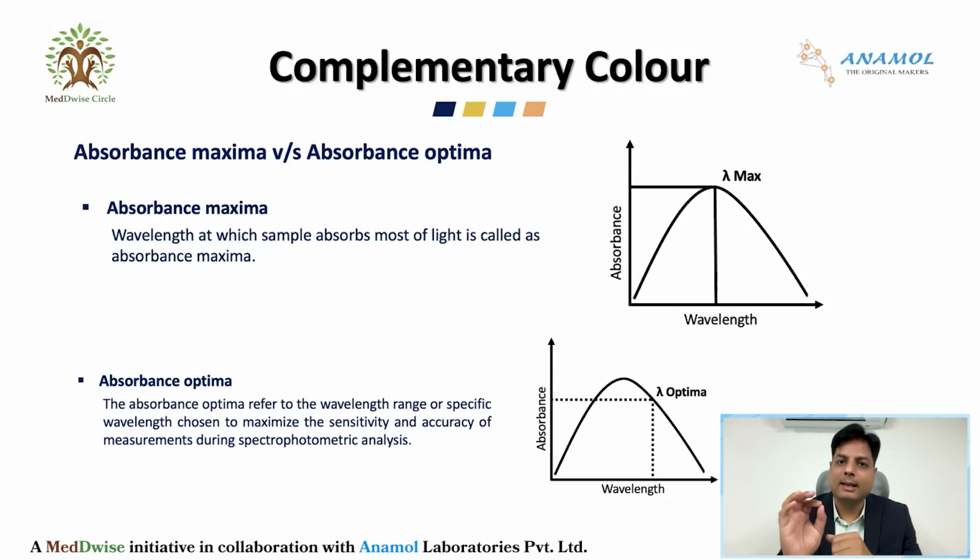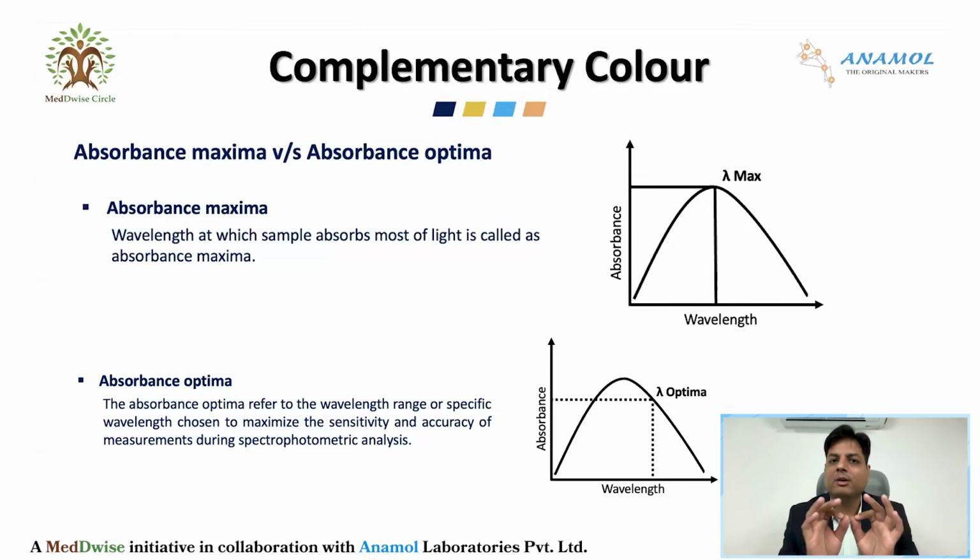Will the absorbance of glucose be compromised a little bit? Absolutely yes. The absorbance of the glucose molecule will be slightly reduced. But the absorbance of any other molecule other than glucose, for example hemoglobin, will be drastically reduced at 630 nanometers.